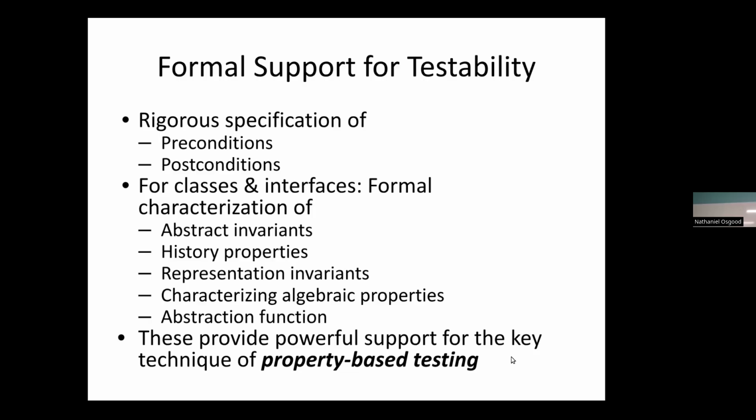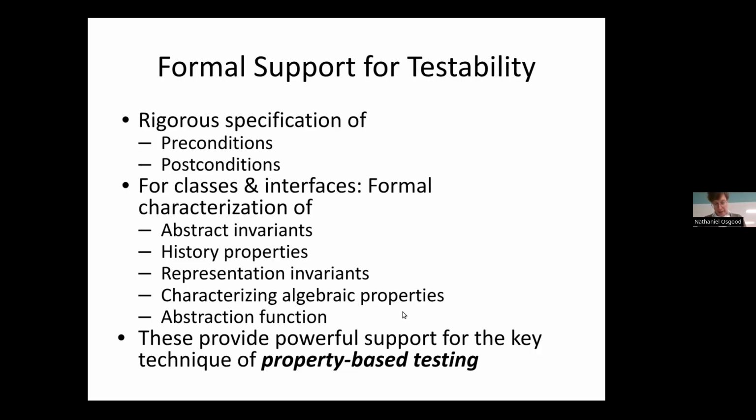I'll call them algebraic, but they have to do with: if you push and then pop, you get the same thing back, right? If you set and then get, you get the thing that you set, right? If you set X and set Y and you read, you get Y back, not X, right? To give you very simple notions of what I mean by properties that have to do with different operations, that's what I mean. And that's a construct of an abstraction function we'll be talking about.